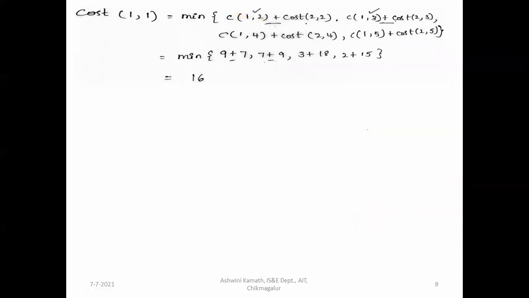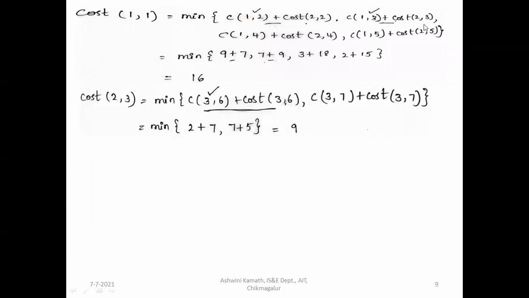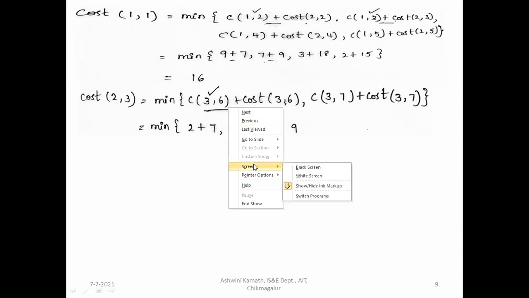Let us check from 3 now. From 3 we'll check. So from 3, 1, 3, cost of 2, 3, we'll check for cost of 2, 3. This is whatever we have calculated previously, same formulas I'm checking here. From 3, 6 we have got the minimum value.